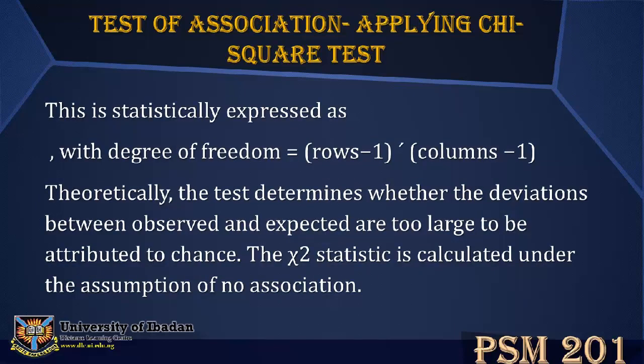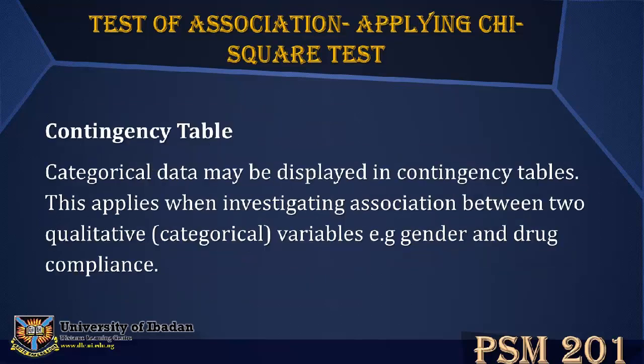This is statistically expressed as chi-square equals the summation of observed minus expected, squared, over expected, with degrees of freedom equal to rows minus 1 times columns minus 1. Theoretically, the test determines whether the deviation between observed and expected is too large to be attributed to chance. The chi-square statistic is calculated under the assumption of no association.